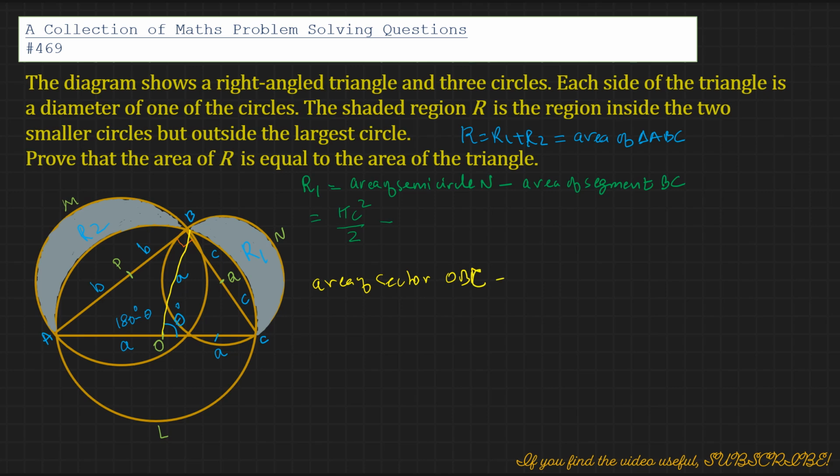I will write it down so it's easier to understand. Minus area of triangle OBC. Now we don't really need to worry too much about calculating the area of the triangle, so I'm going to do some assumption again. So I'm going to take the area of triangle OBC as A1 and the area of triangle AOB as A2.